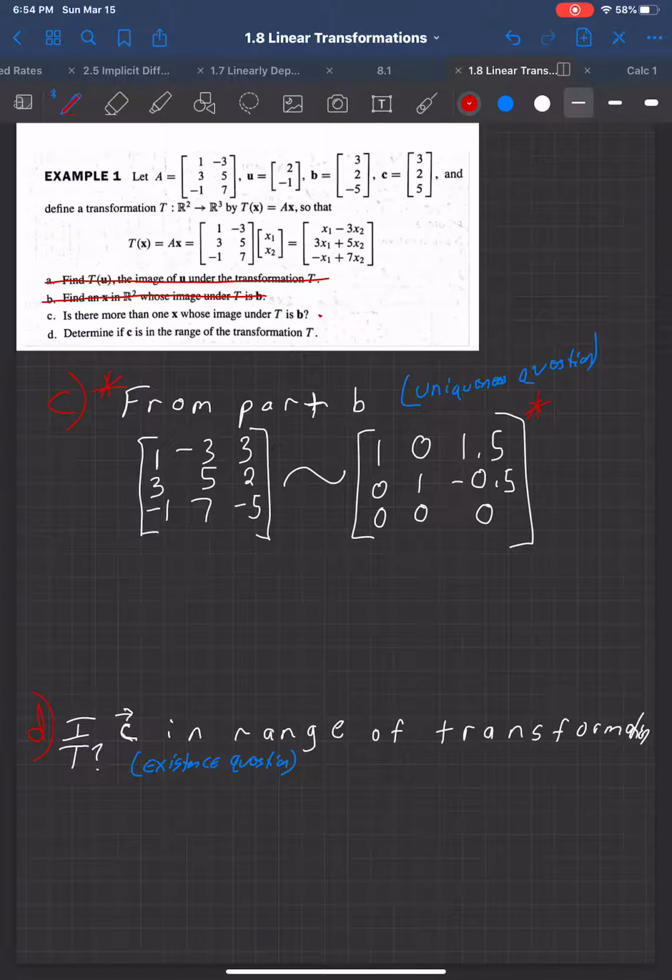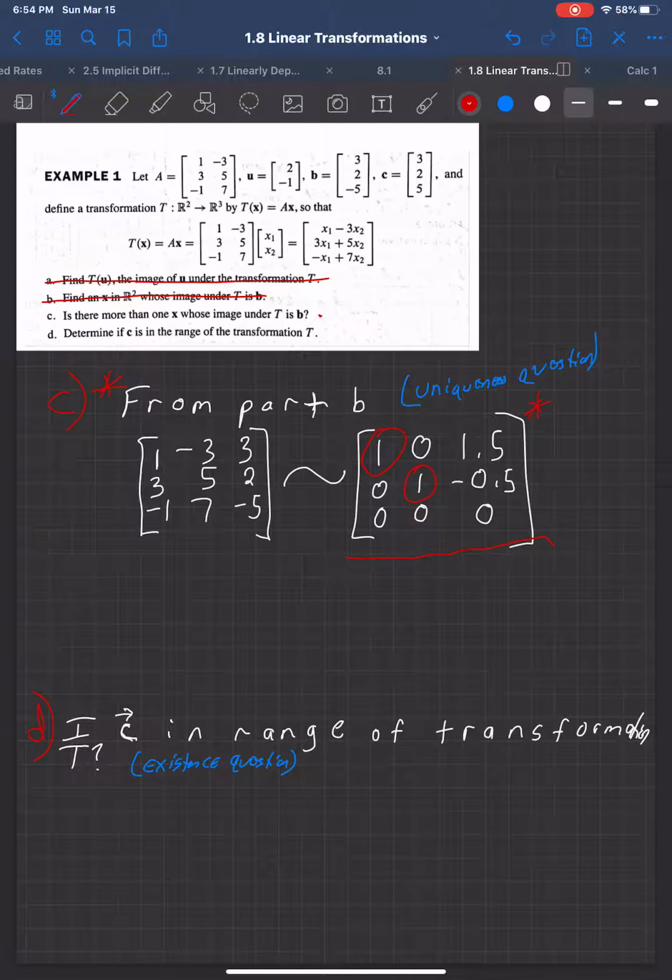Ready? So is there more than one x? Think about it. What would you expect to see at this stage if there were more than one x that you could have chosen to get to B? You would expect to see free variables, and I don't see any free variables. We have x sub 1 defined, x sub 2 defined, our basic variables are defined, and there are no free variables to work with.